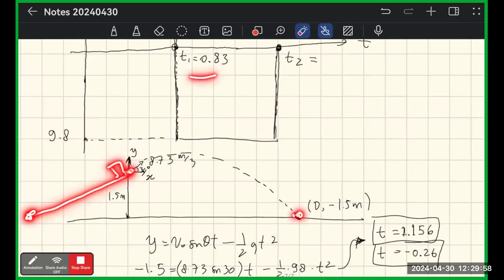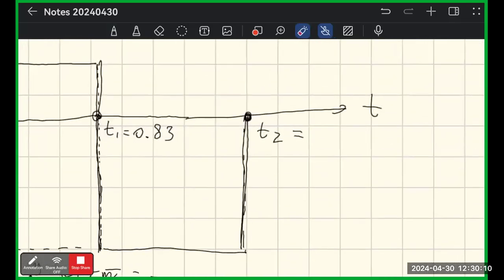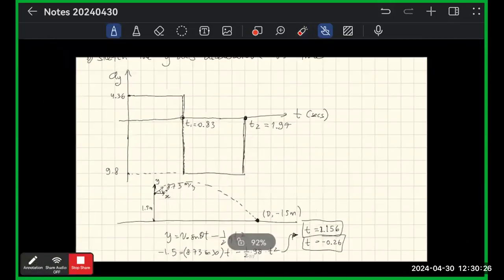So 0.83 added to 1.156 will be 1.9897 seconds. And that's it. That's for the graph.